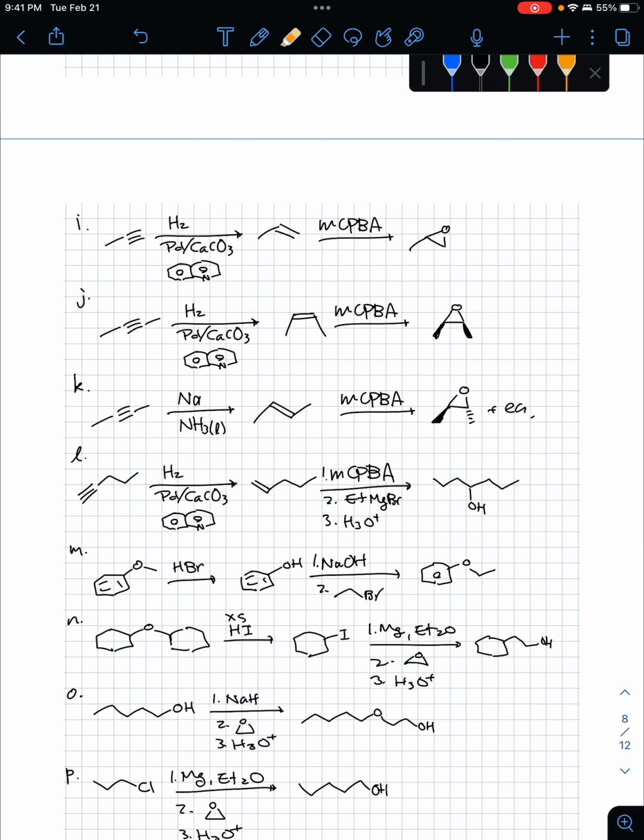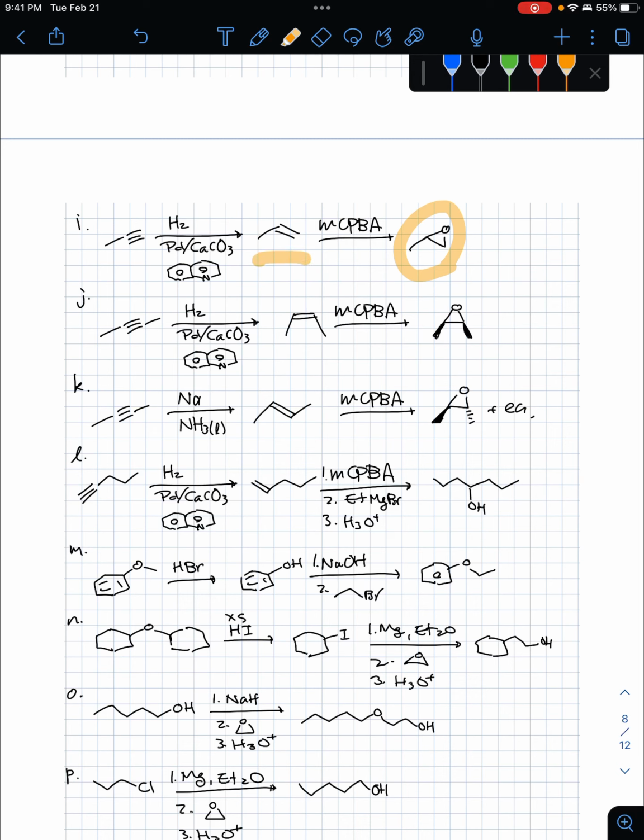Now, in this next problem, we're trying to make this epoxide from this alkyne. One of the observations is that the number of carbons does not change, but we have the new functional group, the epoxide, right? One way to introduce that is epoxidation of an alkene.